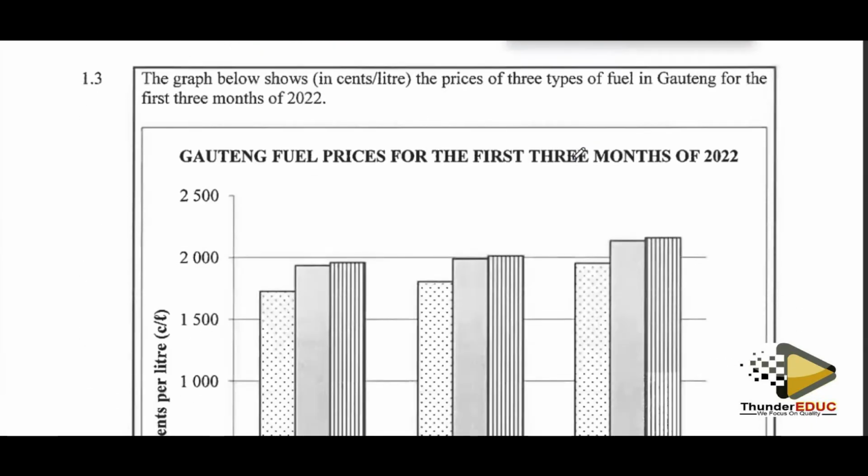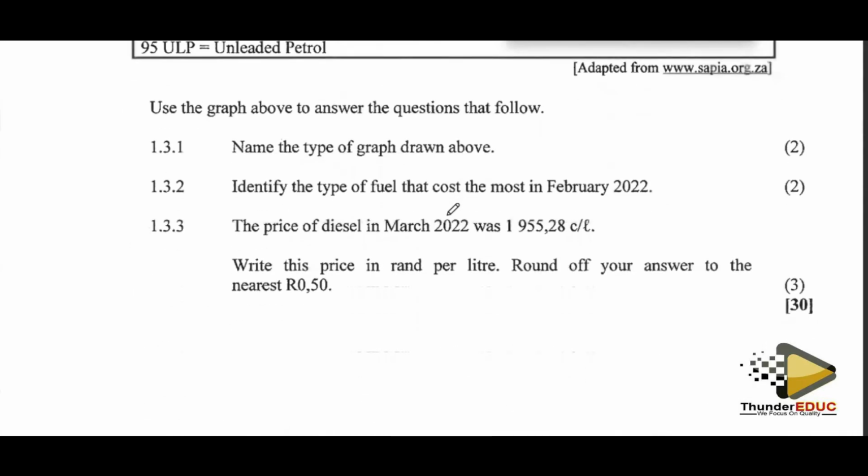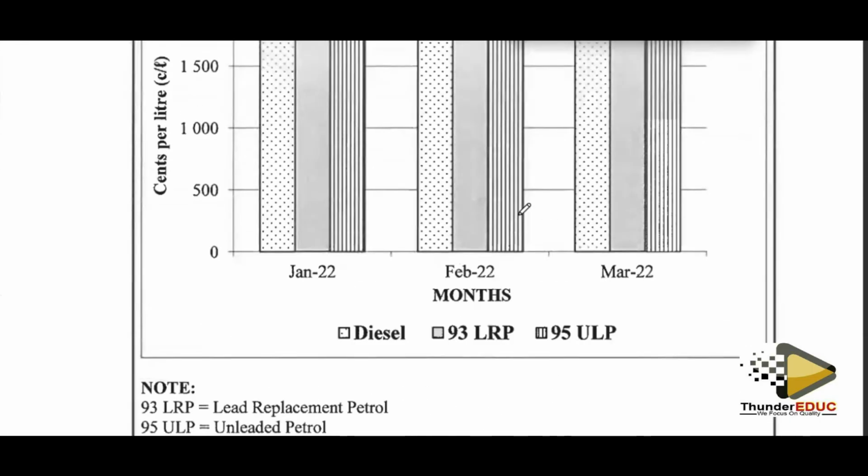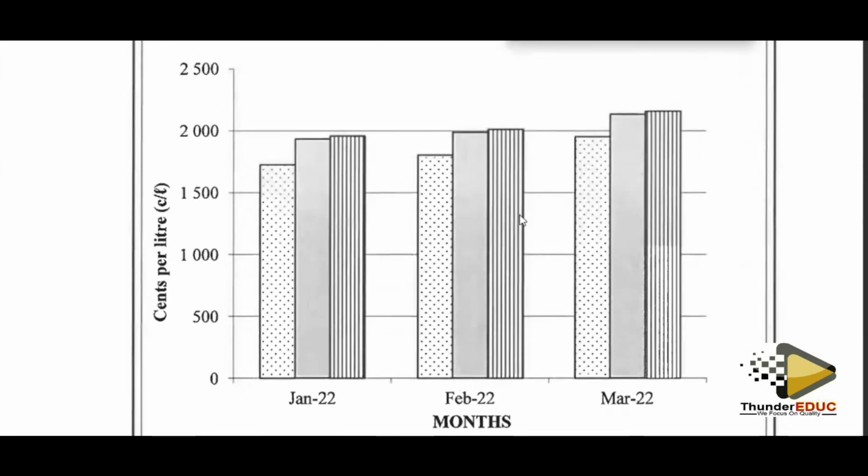Straightforward. All right, 1.3. The graph below shows, in cents per liter, the prices of 3 types of fuel in Gauteng for the first 3 months of 2022, representing the first quarter of the year. Name the type of graph drawn above. When we look at this, we have 3 bars for each period, which is January, February, March.